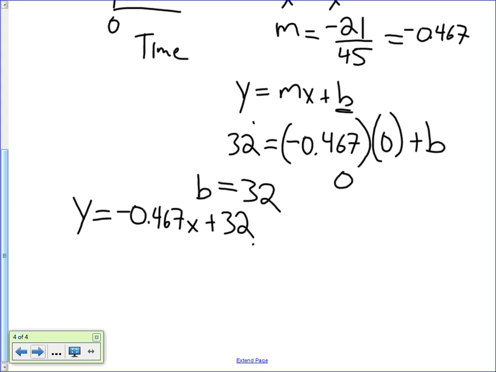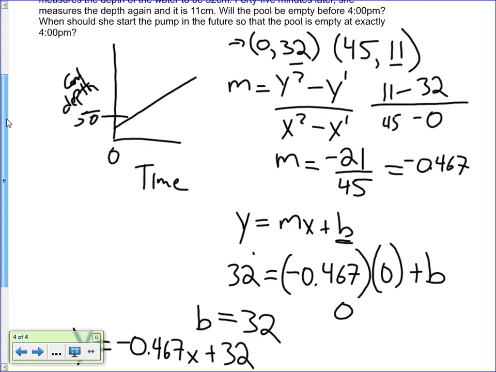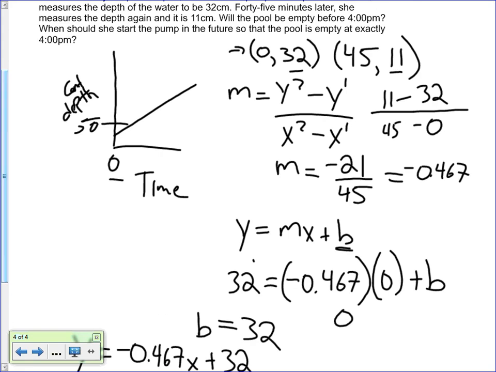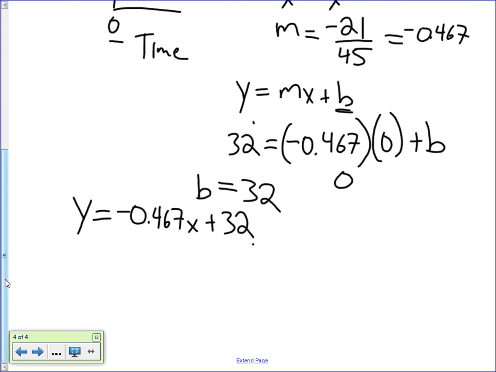I'm looking at the depth, and I want to know when my depth is at 0. That is my y value. So now all I have to do is plug that into my formula, and then simply solve for x.